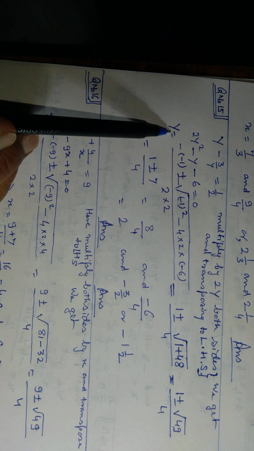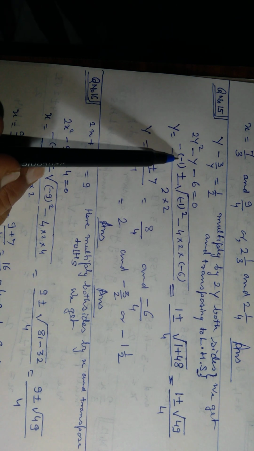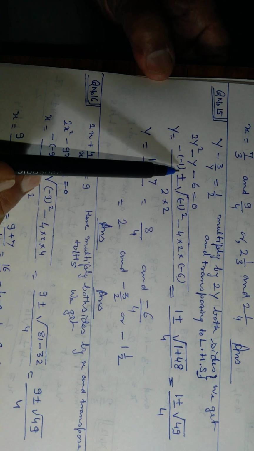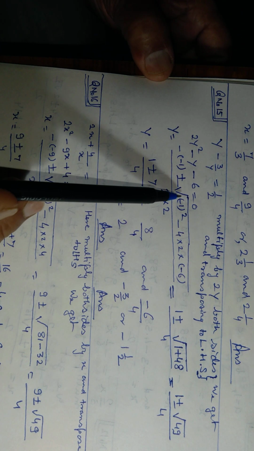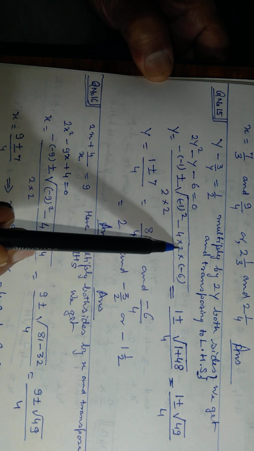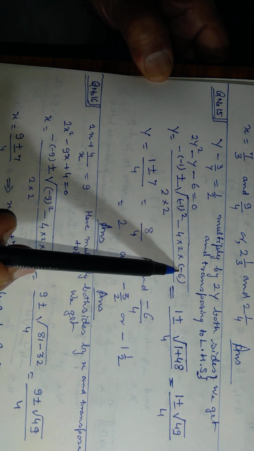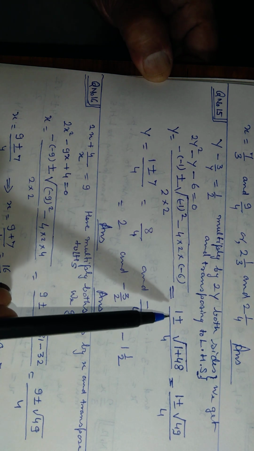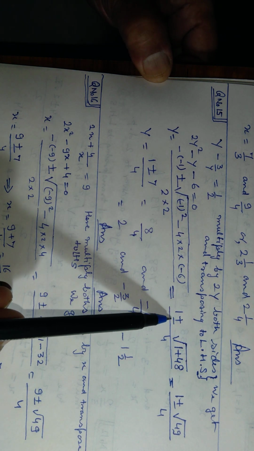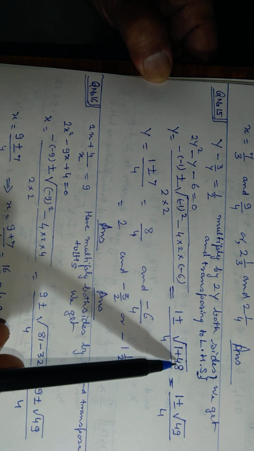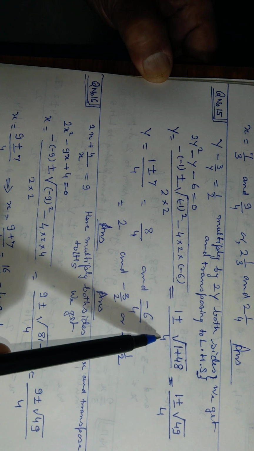Now here y will be equal to minus, inside the bracket write down minus 1 plus minus root minus 1 whole square minus 4 into 2 into minus 6 whole divided by 2 into 2. This will be equal to 1 plus minus root 1 plus 48 whole divided by 4.